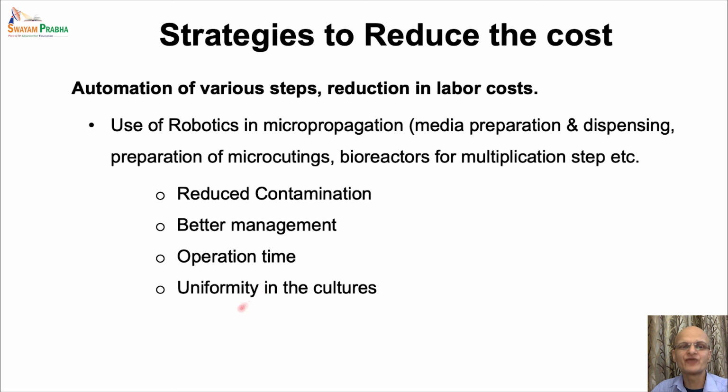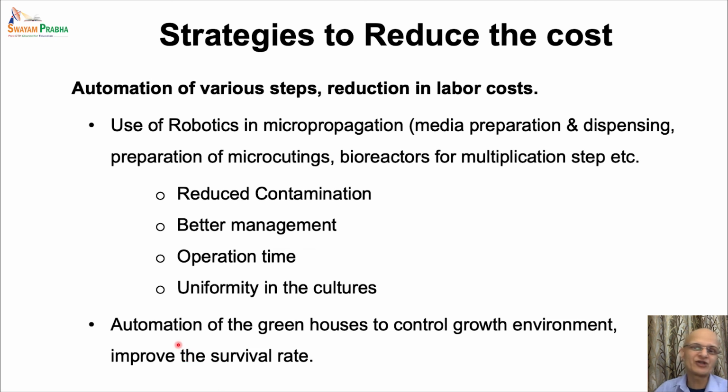Next is the uniformity in culture. Machine operations are usually uniform unless these are defective, and hence the overall productivity expectations would be more uniform in the robotics controlled cultures. Human dependent operations are always dependent on the human behavior that may change during the different times of the day, with the long working hours, or even the emotional episodes too.